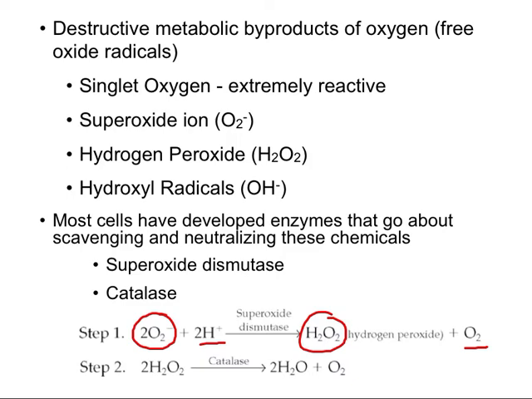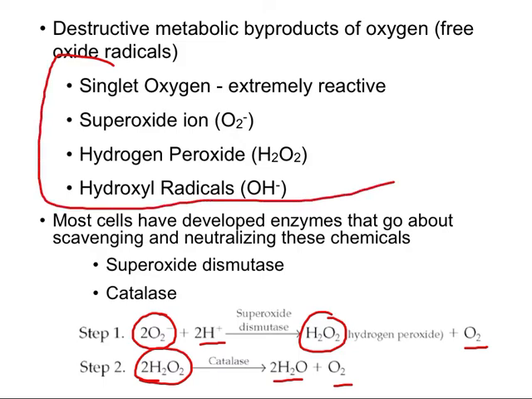However, hydrogen peroxide is still toxic. As you know, we use it as an antiseptic. It destroys bacterial cells. So the second step involves these hydrogen peroxide molecules being converted by catalase into simply water and oxygen. So it's a pretty neat system to get rid of all of these nasty little toxins.